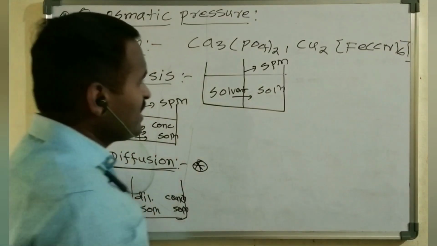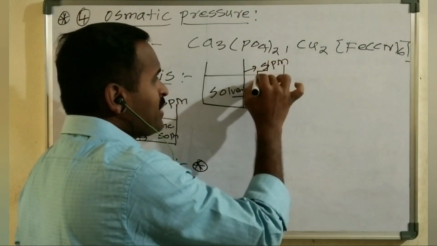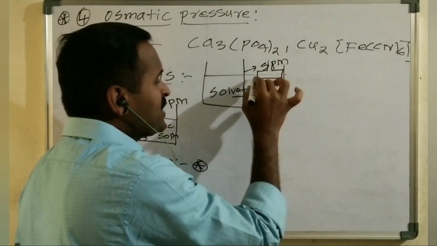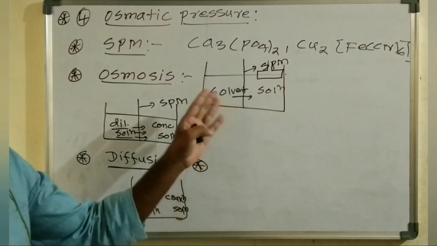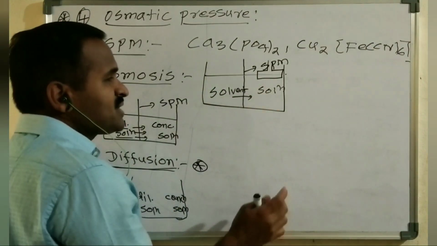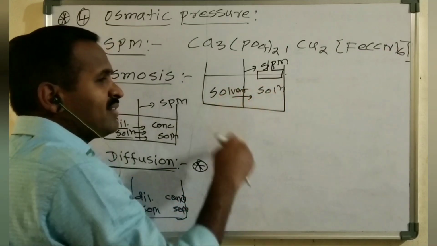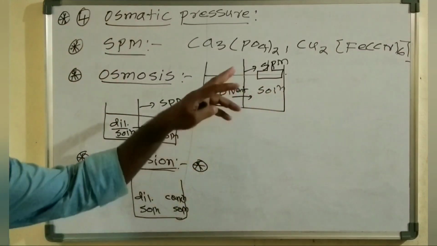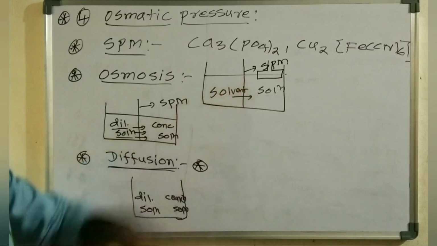Osmotic pressure is the external pressure applied onto the solution side in order to stop the flow of solvent molecules from the pure solvent to the solution side. This osmotic pressure is simply an external pressure applied onto the solution side.